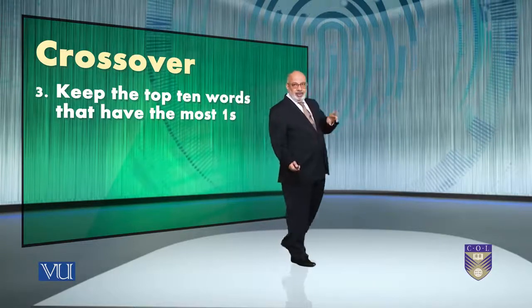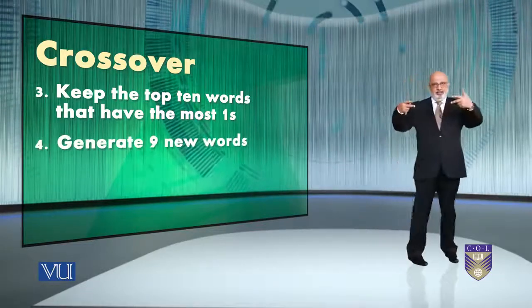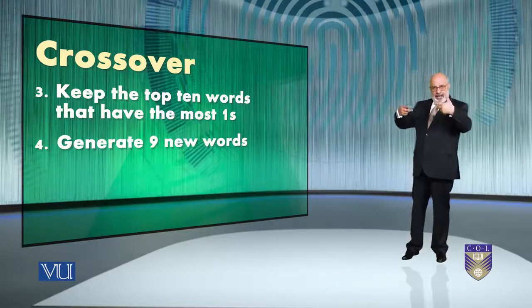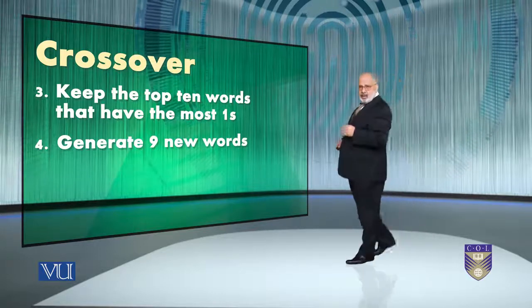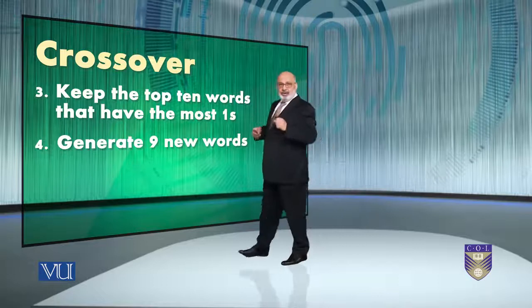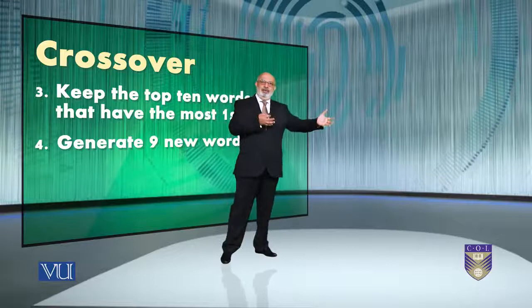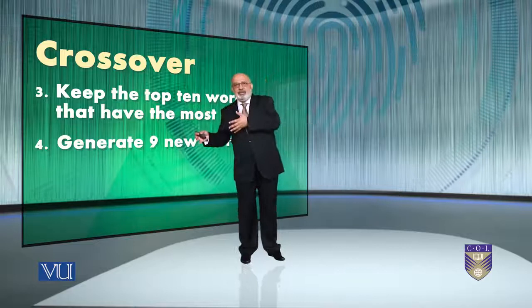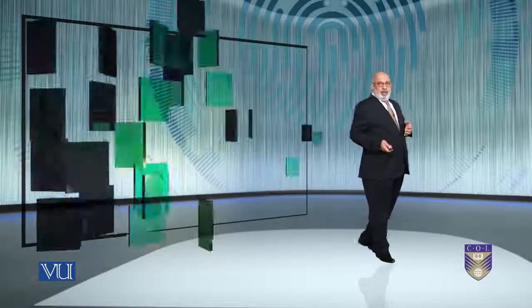Now, from the 10, you take 2 words at a time, word A and word B. From each of these, you divide the word into 2 parts, divided by half. So you have a head and a tail of that word, meaning 16 bits on one side, the other 16 bits on the other side. Let's just cut them. So simple as that.